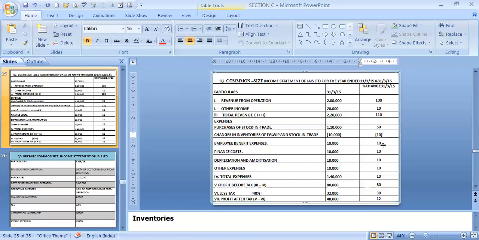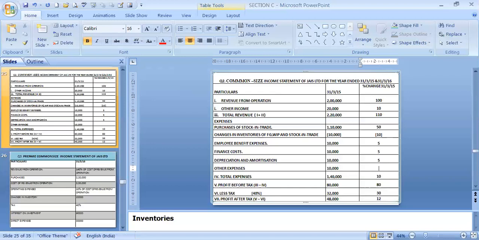10,000 by 2 lakhs into 100 is 10% or 5%, students? It will be 5% there. It will be 5% in all the cases. 10,000 by 2 lakhs into 100 is 5%.